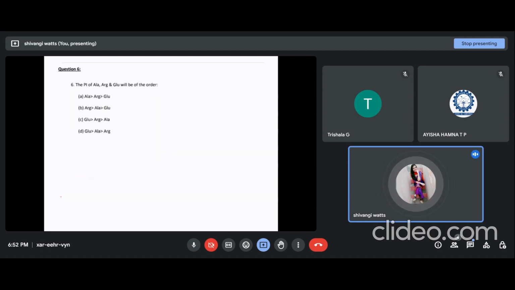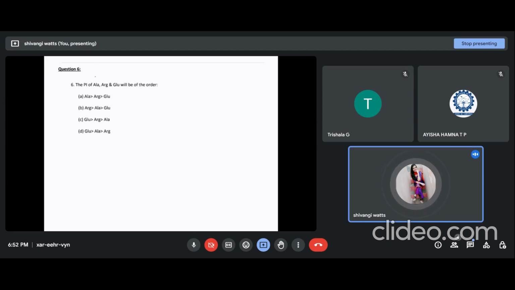Okay. So moving to the next question, I think this will be the last question only. No, no. Still we have more. So the PI of alanine, arginine and glutamate will be of the order.